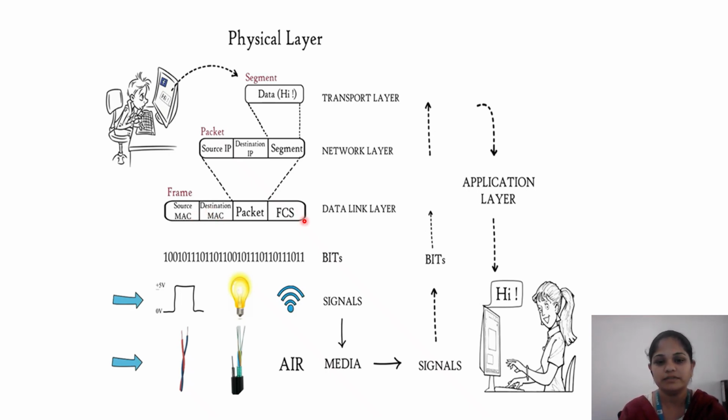Finally, it will be converted to bits using some physical media. The medium may be signals, wires, anything. It will be transmitted as signals, and finally on the receiver side the application layer will receive the data. This is how the data is transferred through all the layers and finally reaches the user.